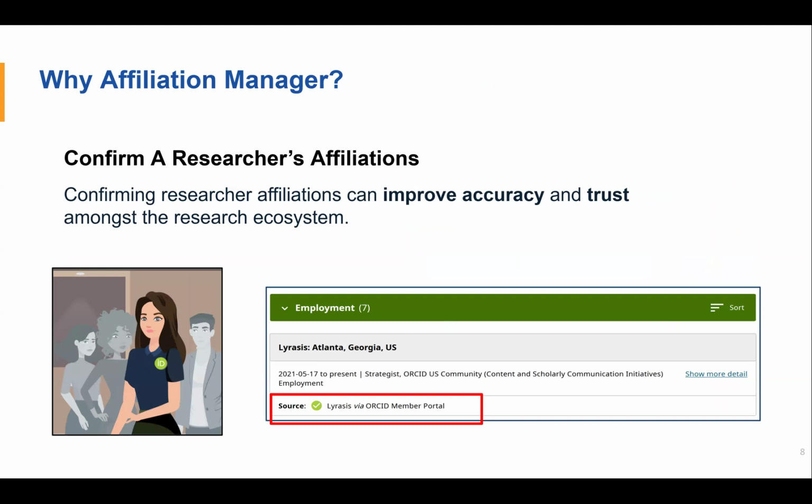Essentially, you would be writing that particular employment or affiliation to your employees or to the committee members or any other ORCID users in their ORCID record, and the source of that entry in their ORCID record will be your organization. An example here is where we send out an affiliation via Lyrasis' ORCID member portal. So the source is Lyrasis.